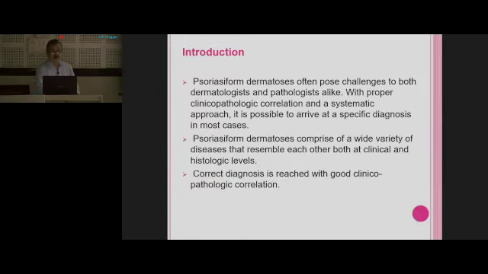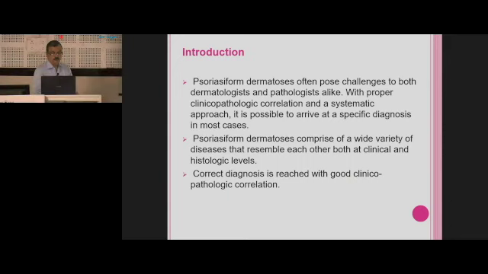The psoriasiform dermatosis often poses a challenge to both dermatologists and pathologists alike. With proper clinico-pathological correlation and a systematic approach, it is possible to arrive at a specific diagnosis in most cases.